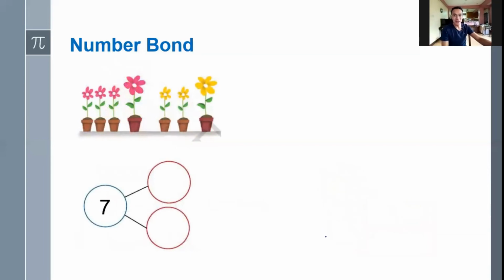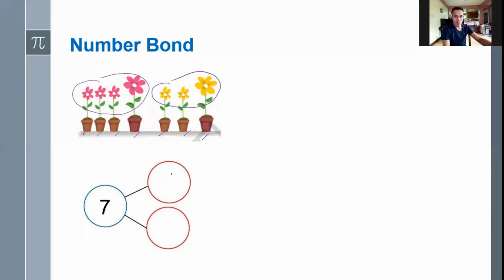Let's have another example. We are going to complete this number bond based on this picture. In the picture, there are 1, 2, 3, 4, 5, 6, 7 flowers. That's why we write 7 in a whole. 4 flowers are pink and 3 flowers are yellow.